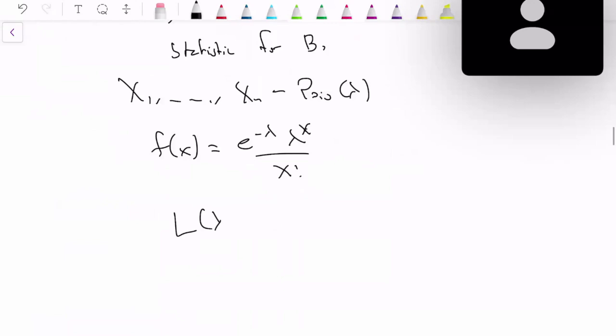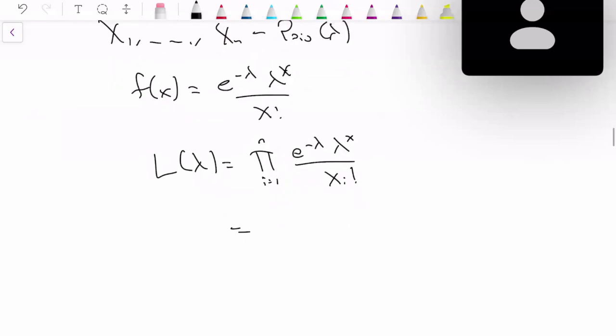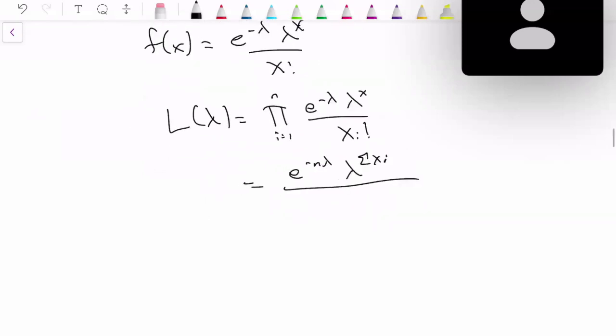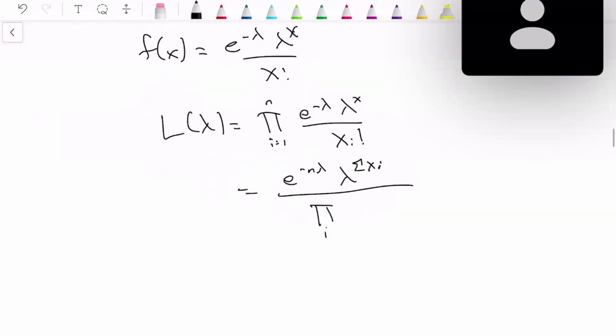So our likelihood would be the product, and putting terms inside, it'll be e to negative n lambda, lambda to the power sum of xi, over the product of xi factorial.